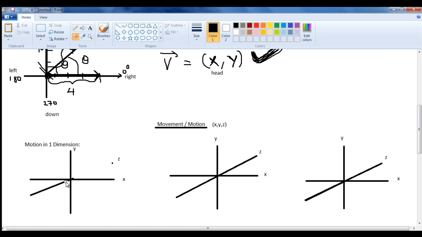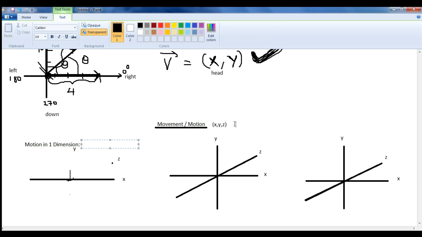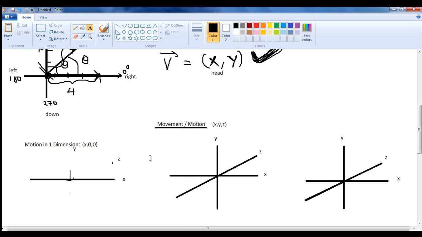That means we set the y and z axes, we make them invisible, so that we constrain the movement of the object only to the x-axis. That means when you have x, y, z, we make x a variable, and set y equal to 0, z equal to 0. Now we have constrained the movement of the object only to the x-axis.